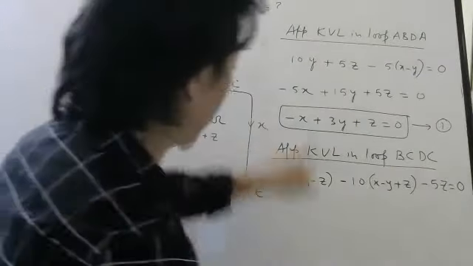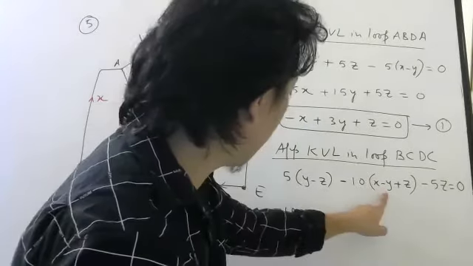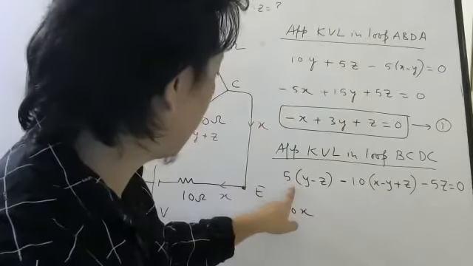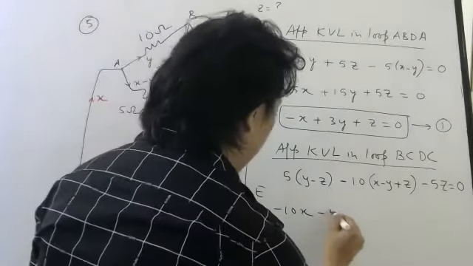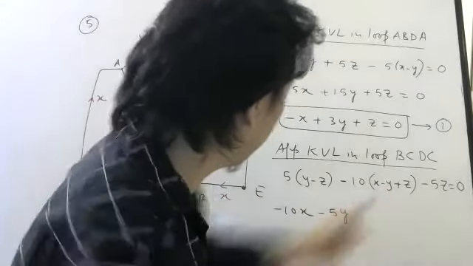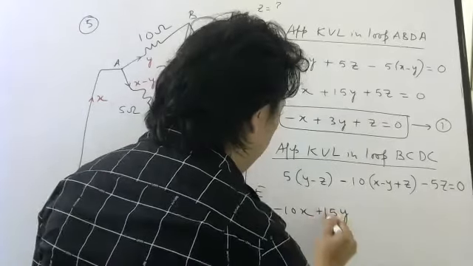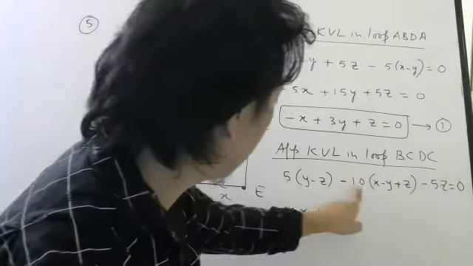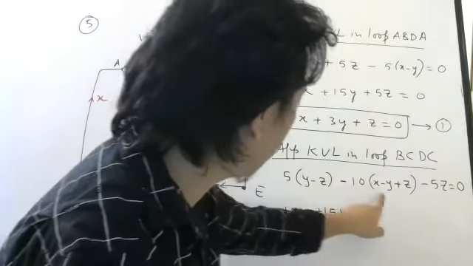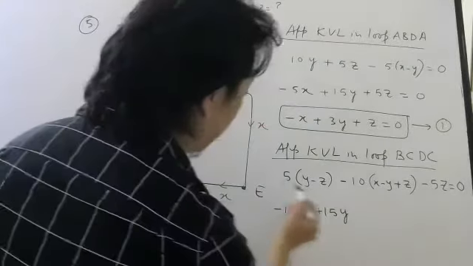Write this also this way. Minus 10X first. No other X, right? So minus 10Y, minus 10Y plus 5Y, and so on. Let us check. Minus 10 into minus Y will be plus 10Y, plus 10Y, plus 5Y, 15Y. And what about Z?